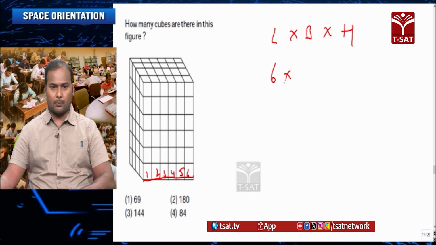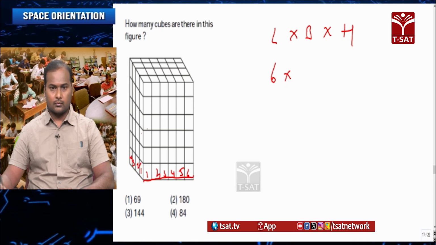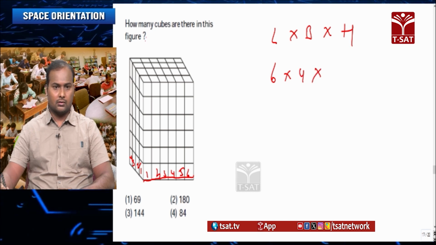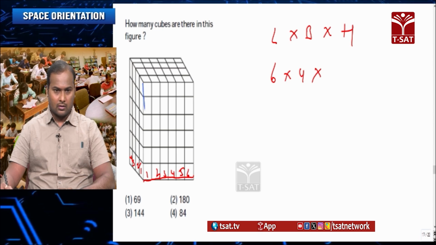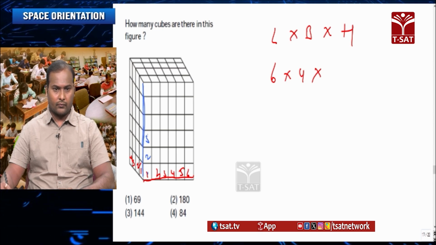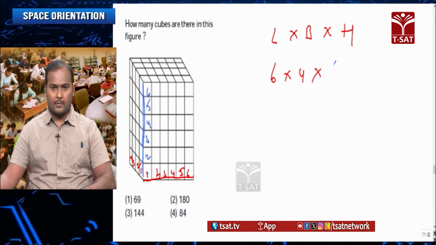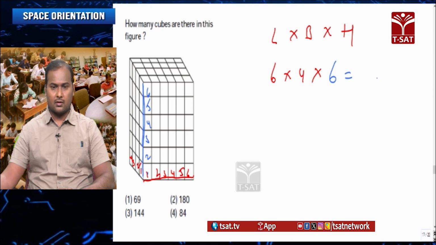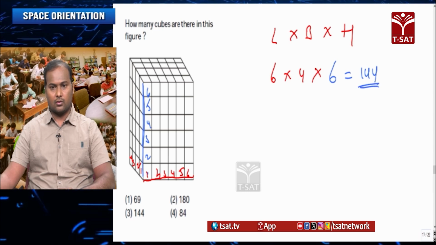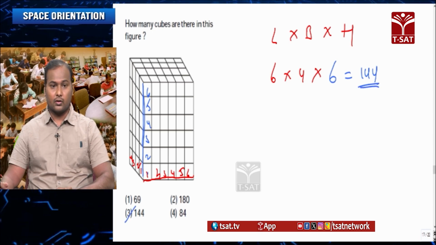So 6 multiplied by breadth 1, 2, 3, 4, so multiplied by 4. Multiplied by height. You take any height. Imagine this blue line, you take this height. Here also 1, 2, 3, 4, 5, 6, so again you multiply by 6. So 6 into 4 into 6, your answer is 144. Total 144 small cubes are present in this particular big cube.